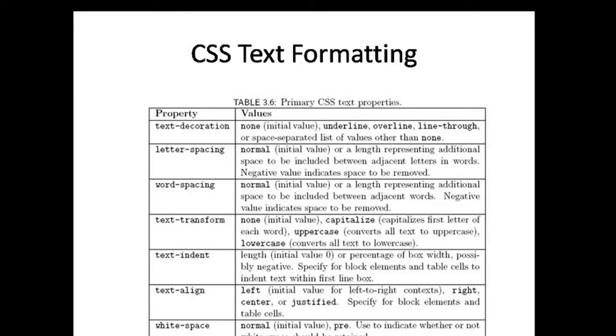Text transform can be none, capitalize, uppercase and lowercase. Then text indent, then text align: left, right, center, justified. Then white space, maybe normal. Okay, so this is a description regarding CSS text formatting in HTML.